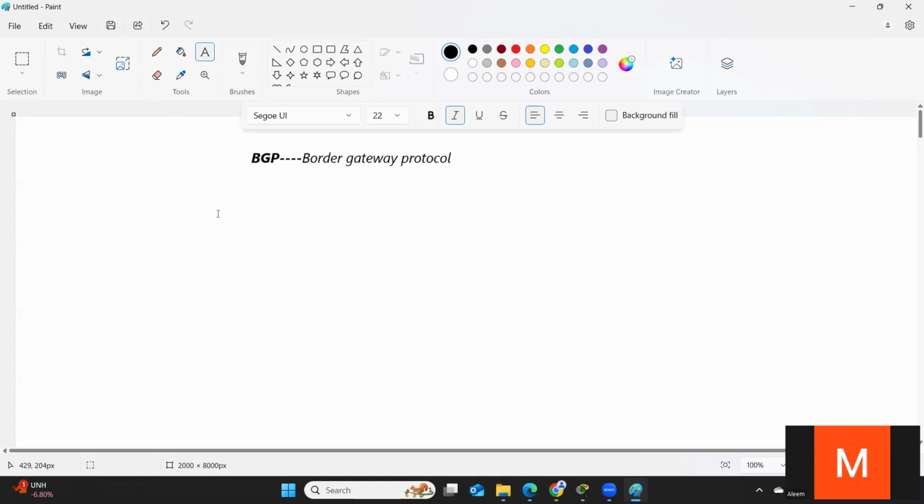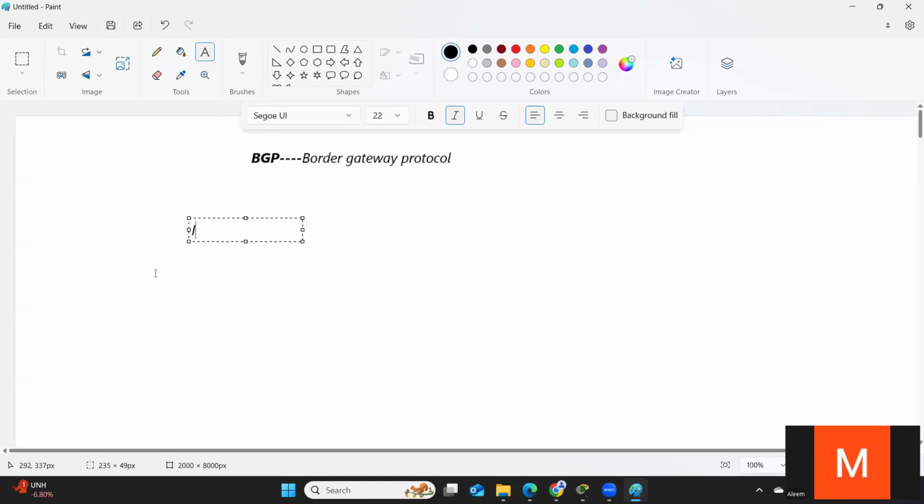First, we will discuss where we will use BGP and what the requirement for BGP is, and what kind of routing protocol BGP is. As we discussed earlier, we have two major types of routing protocols.